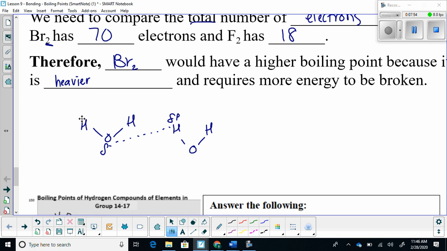As the temperature gets higher and higher and we approach boiling point, this bond here is going to break. We become gas form when compounds are separated from each other. So they're no longer connected by this intermolecular force, okay?